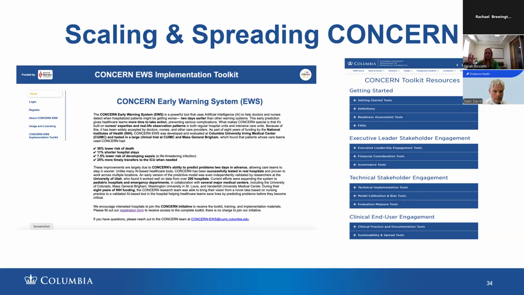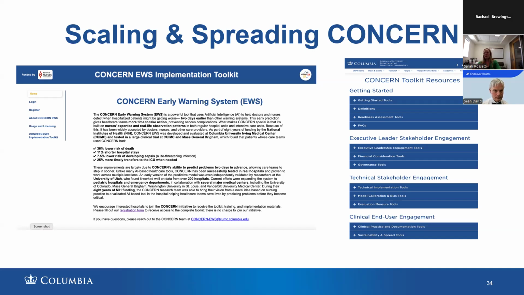And it's open in the sense that you just need to register, but then can access all of this information about resources about implementing Concern and how to get started, and the types of PowerPoints that you can use to pitch this to your executives, if you're interested in that, all the governance committees that you'd need to go to, resources for those types of presentations, as well as information about technical implementation. So everything's on there except the actual software.